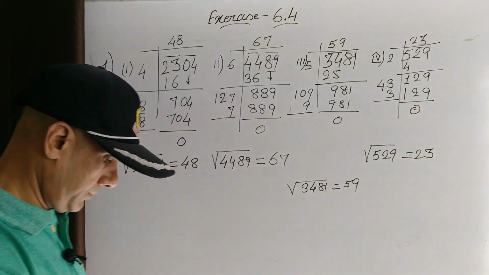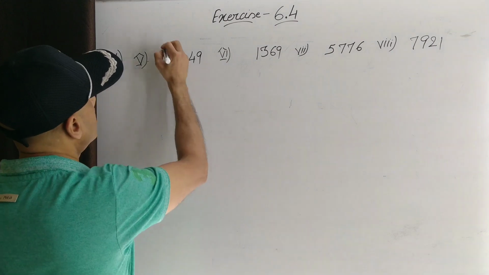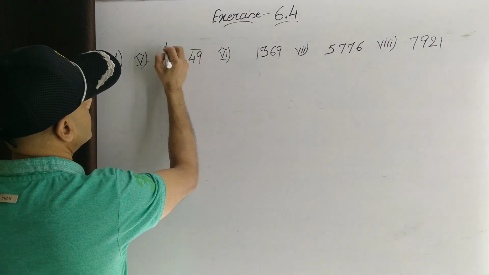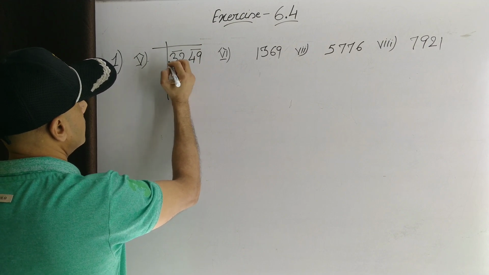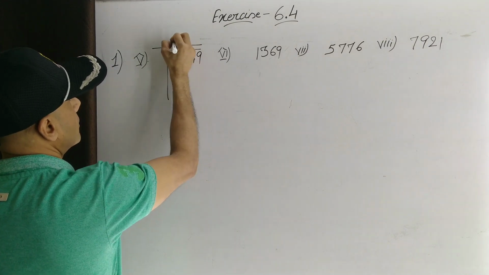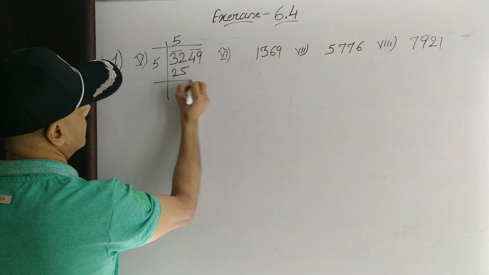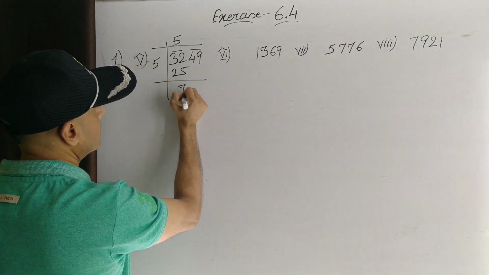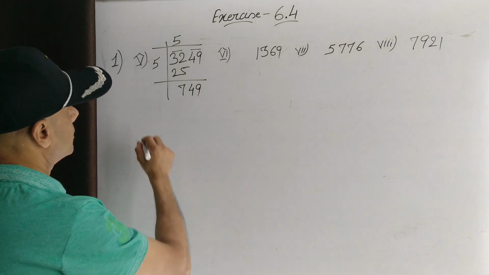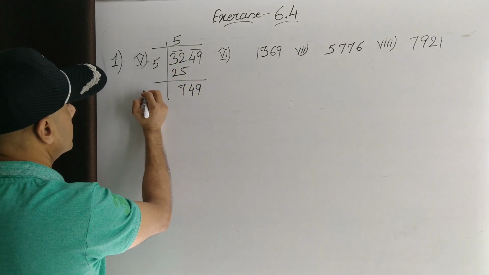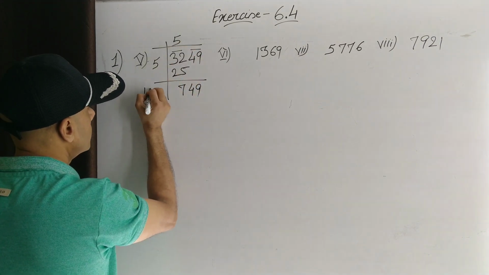Clear? So we'll deal with 32 first. The closest square is 5 squared, that is 25, so we get 25 here and 5 here. Now remainder 7, take this 49 down, 749 is the new dividend, and the left hand component is 5 into 2, 10.